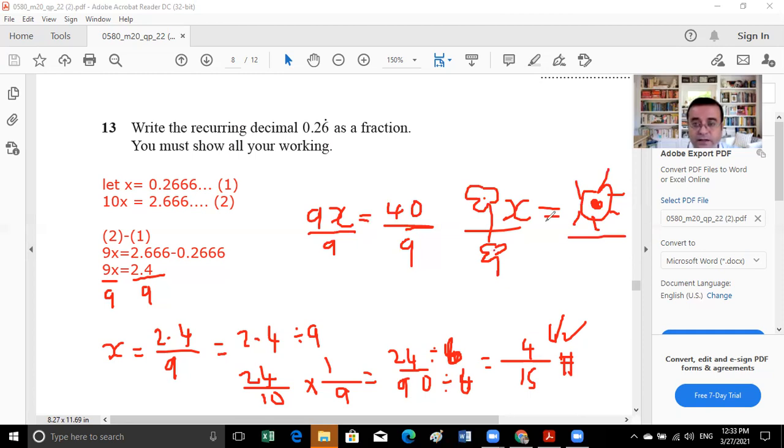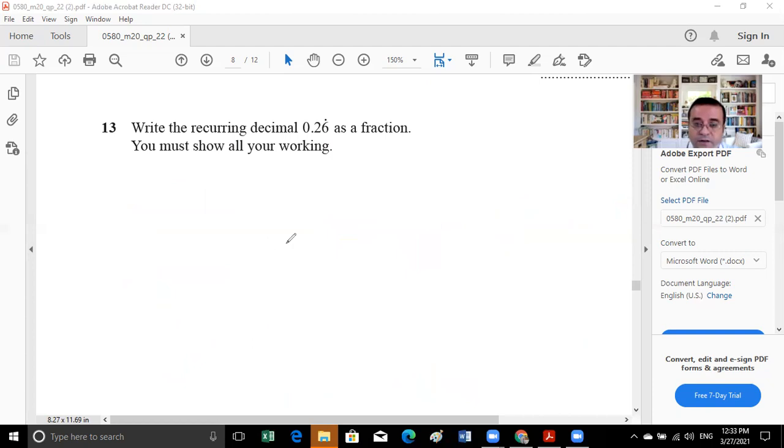Understand? Okay. So if you have 1 over 3 x equal 2, what do you do? You can't divide, so times by 3.